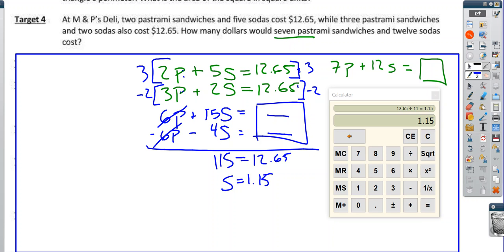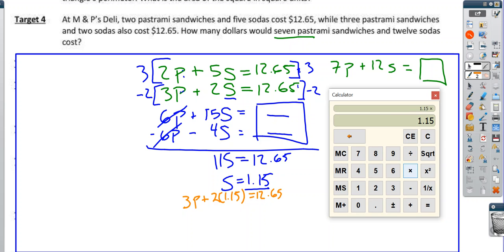Okay, great. So now I need to figure out how much a pastrami sandwich is. So I'm going to substitute this value in right here. So we have 3p plus 2 times 1.15, and I know that's equal to 12.65.